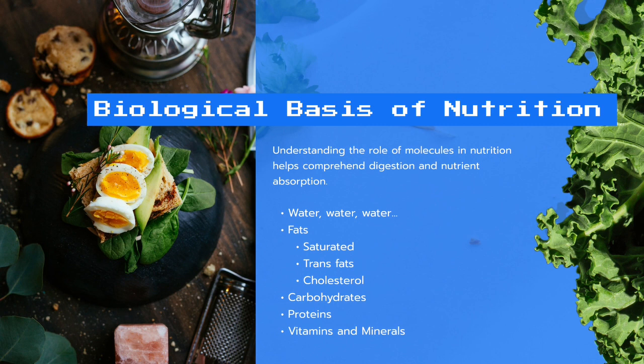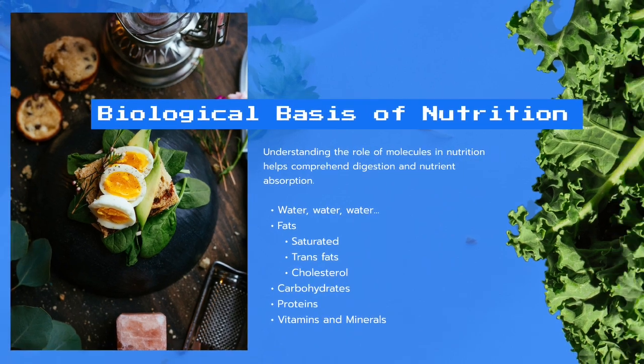So we will be talking about the nature of those molecules, how we choose which ones to eat, how they are digested, and how they are reassembled into our body components.